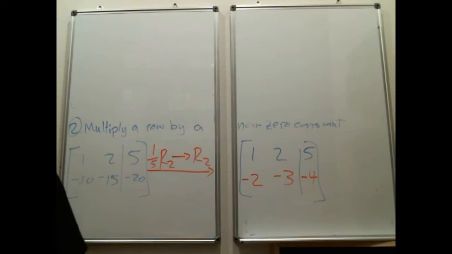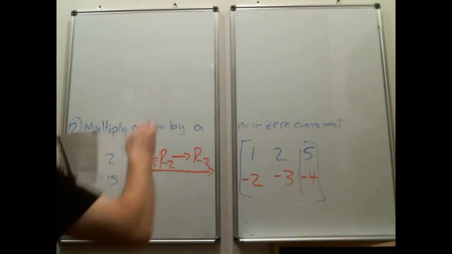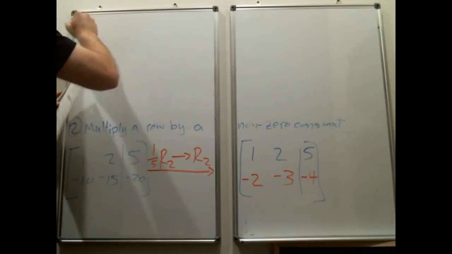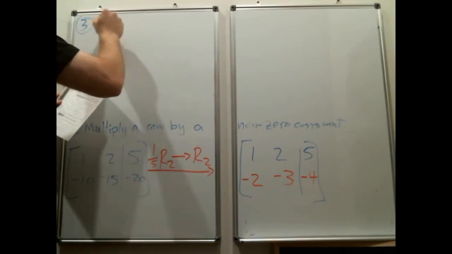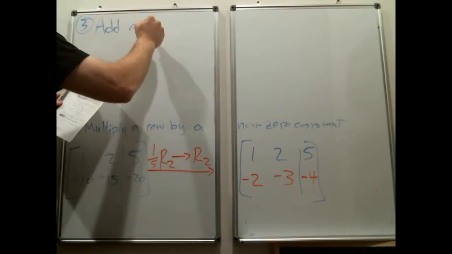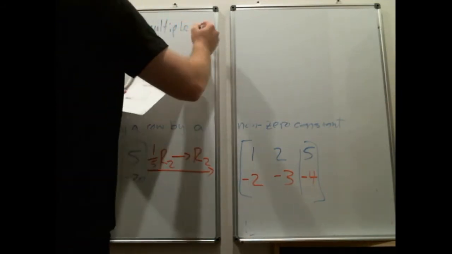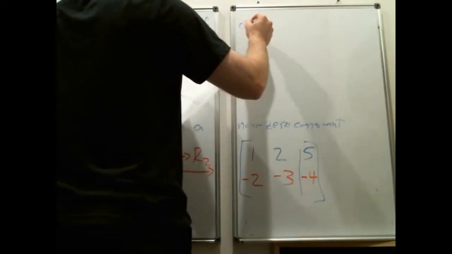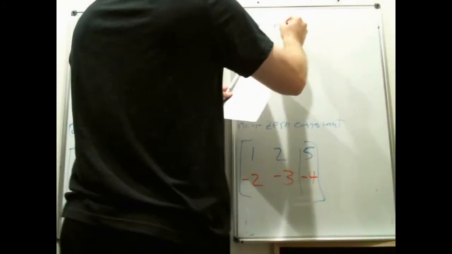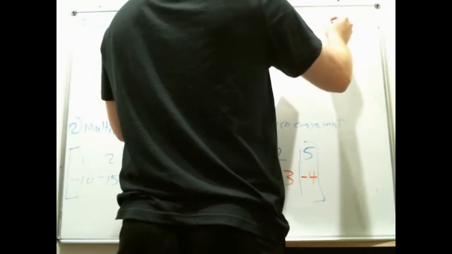Alright, so the third and final operation that we can use is add a multiple of one row to another row.